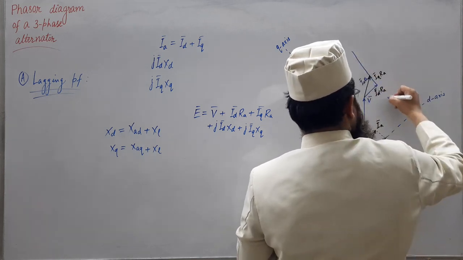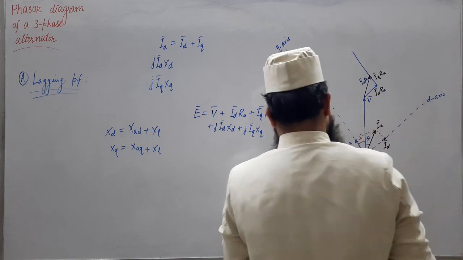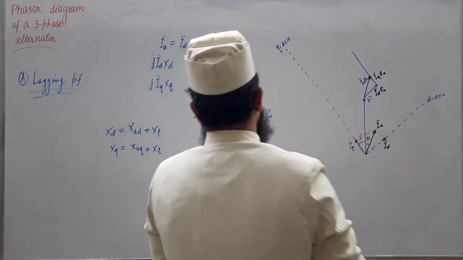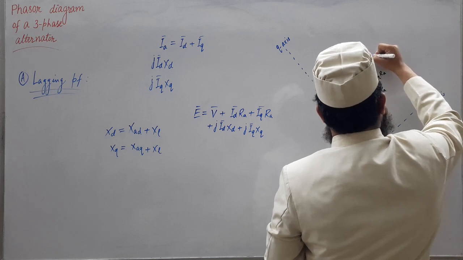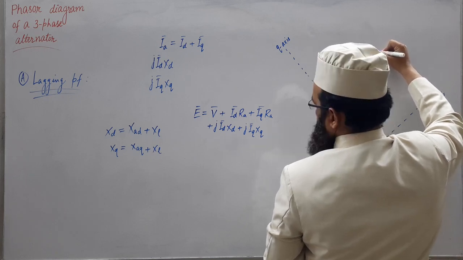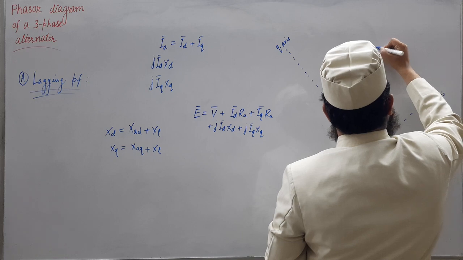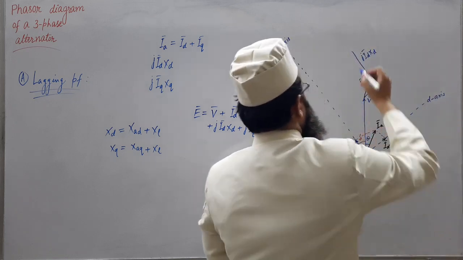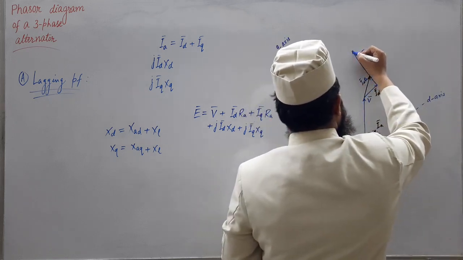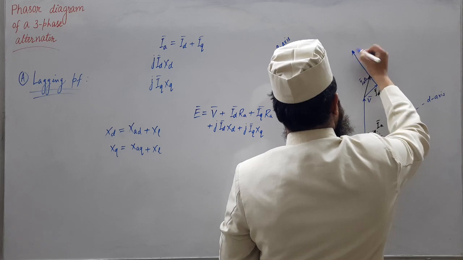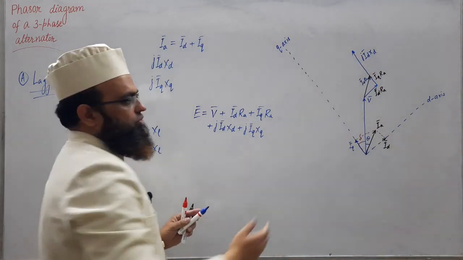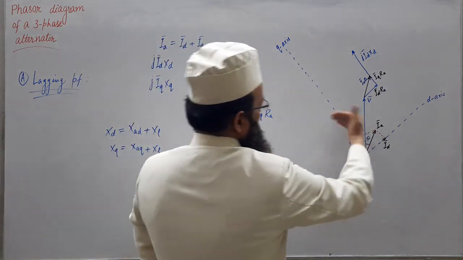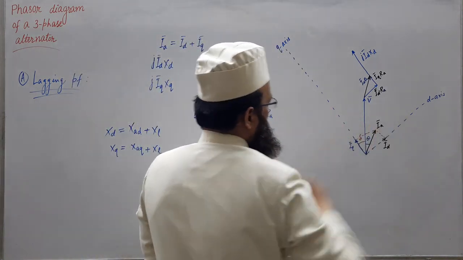If you extend, it will cut by 90 degrees. This is J ID XD. Next will be J IQ XQ. IQ is this way, so a 90 degree rotation gives this, parallel to the D axis.